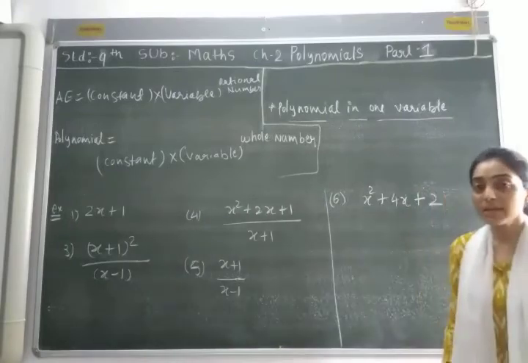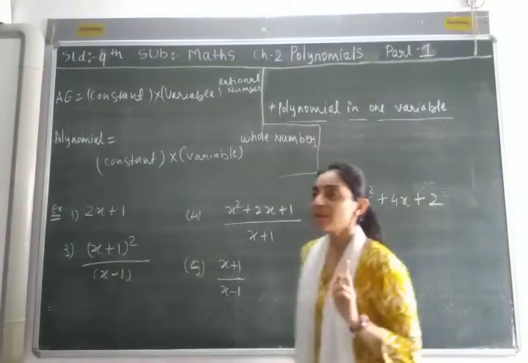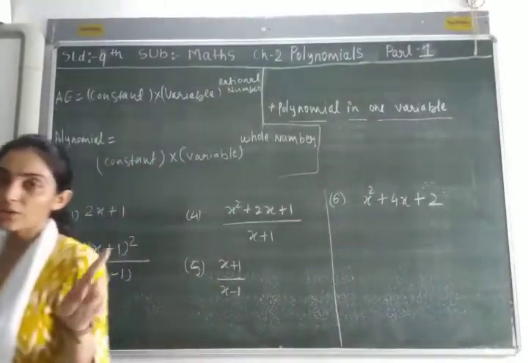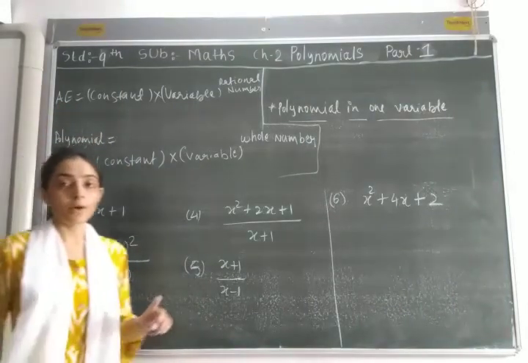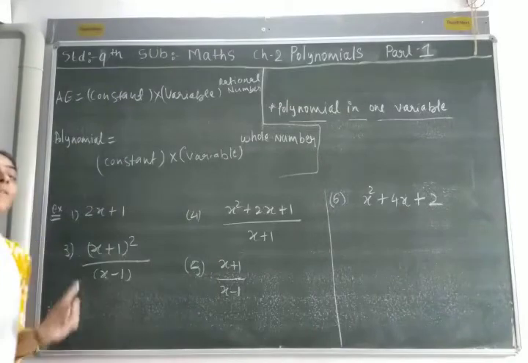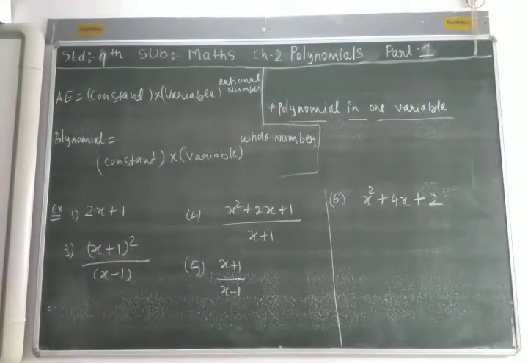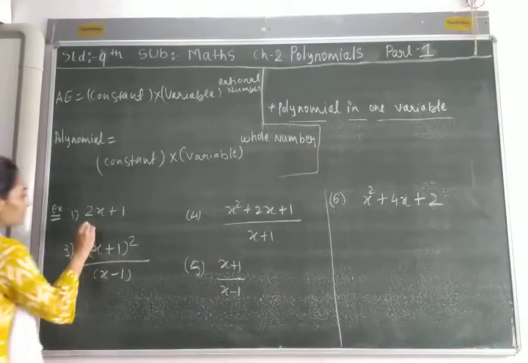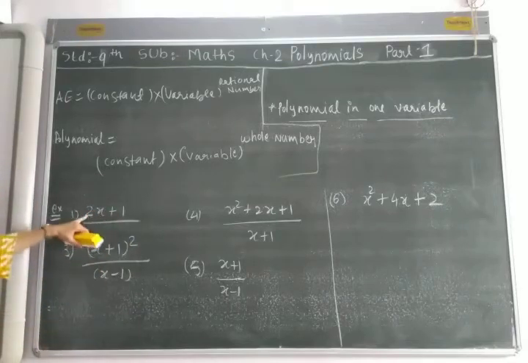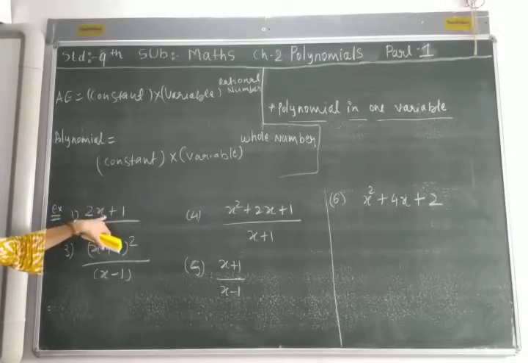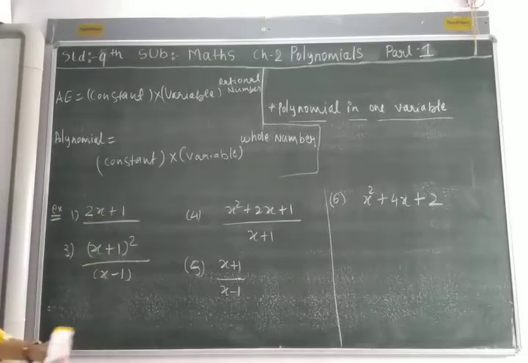So the definition says a polynomial equals a constant into a variable with some power that is a whole number. Okay, the variable's power should be a whole number. Now look at this one example. Here my constant is 2, and x is my variable, plus 1, any constant.